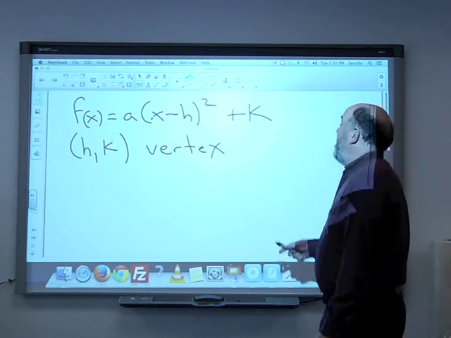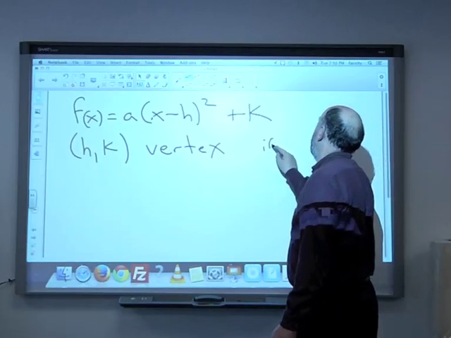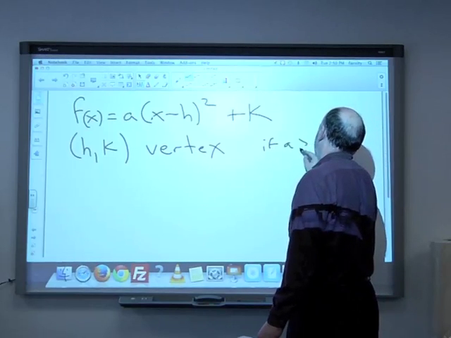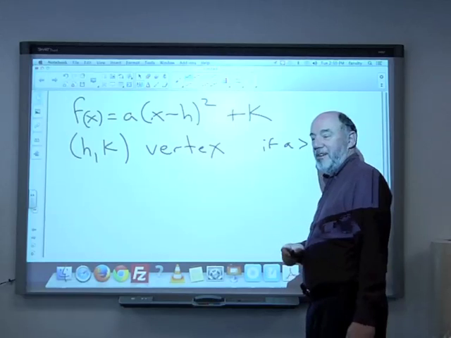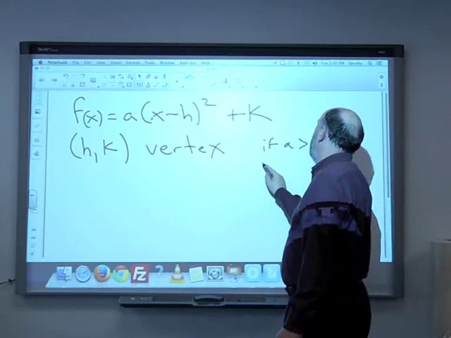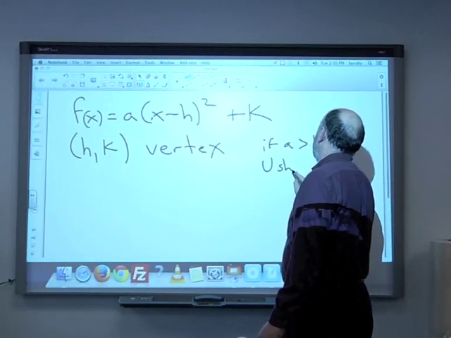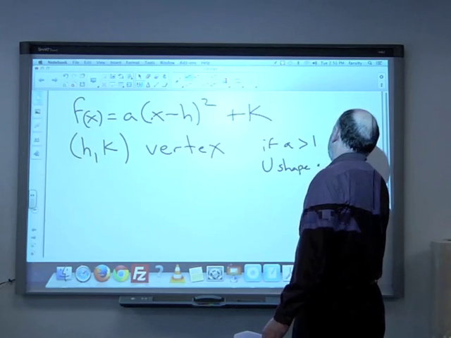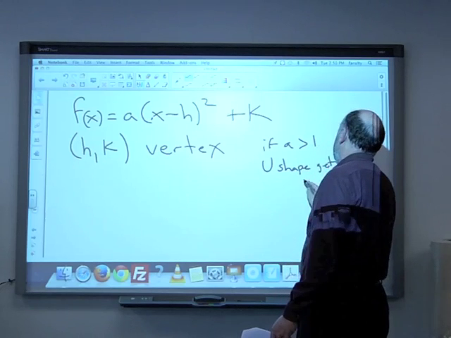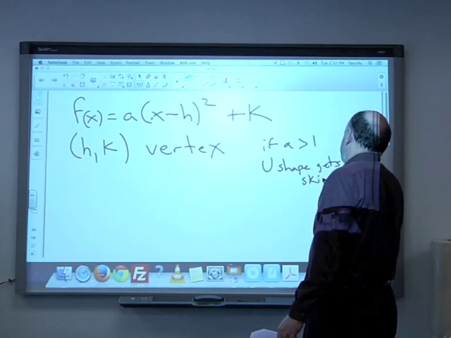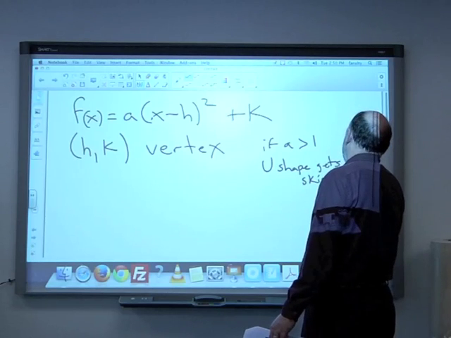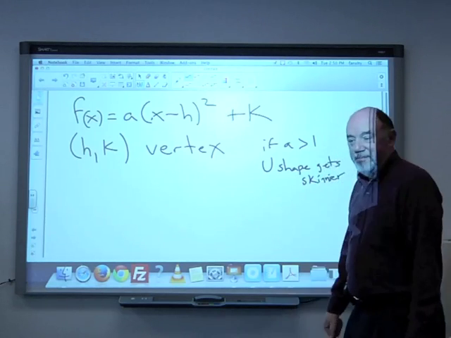So if A is greater than 1, the U shape gets skinnier. It's going to go up faster.